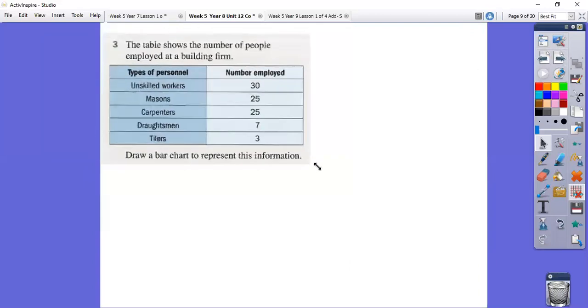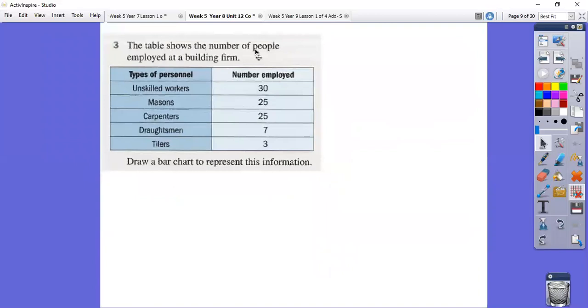Question 3. The table shows the number of people employed at a building firm. Draw a bar chart to represent this information. You remember with bar charts, you have gaps in between the bars. It's sort of like a histogram where there are no gaps. Again, you can do this by hand or on computer software like Excel or Google Sheets.